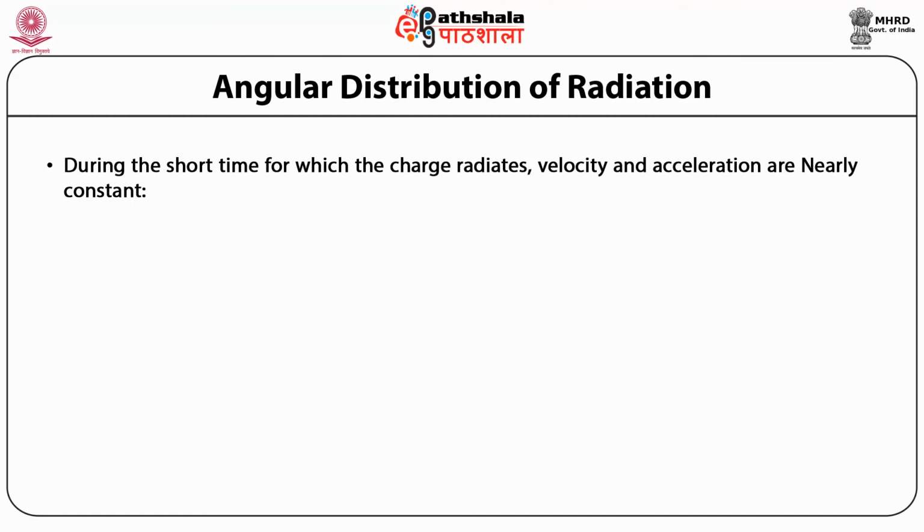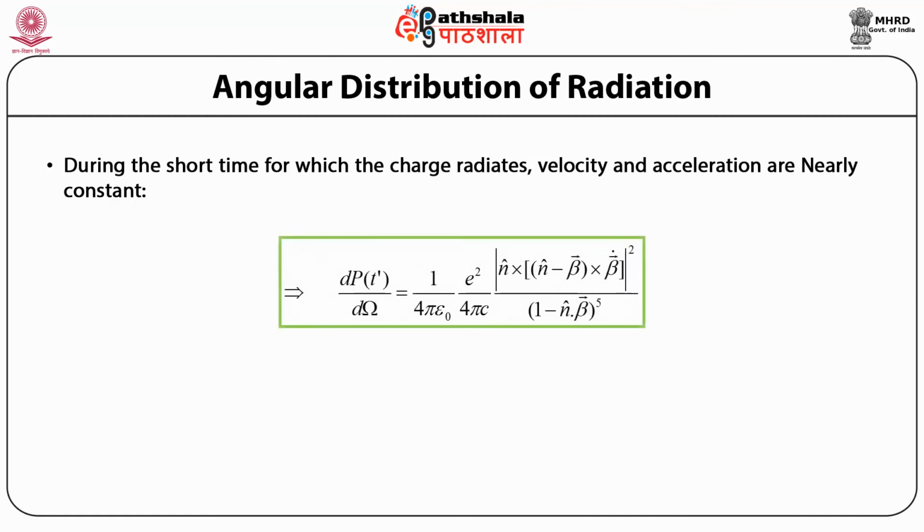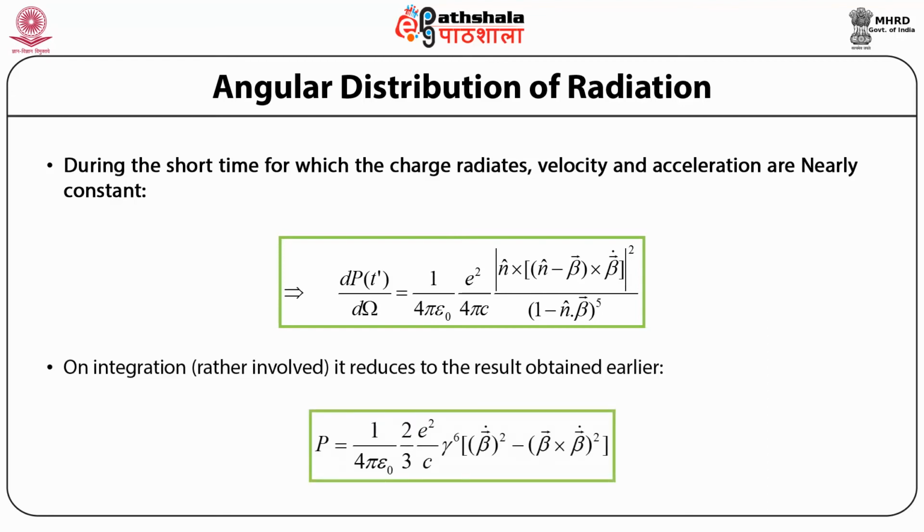Then the angular distribution of radiation is given by dP(t')/dΩ equals 1 divided by 4 pi epsilon naught into e squared by 4 pi c into the modulus of n cap cross ((n cap minus beta) cross beta dot) whole squared divided by (1 minus n cap dot beta) raised to power 5. Integration over the solid angle in this general case is rather involved. However, it can be performed, and the relativistic generalization of Larmor's formula can be obtained.